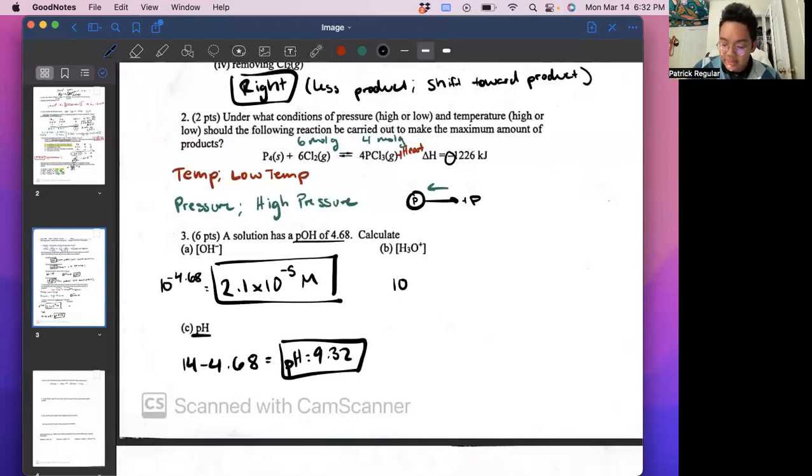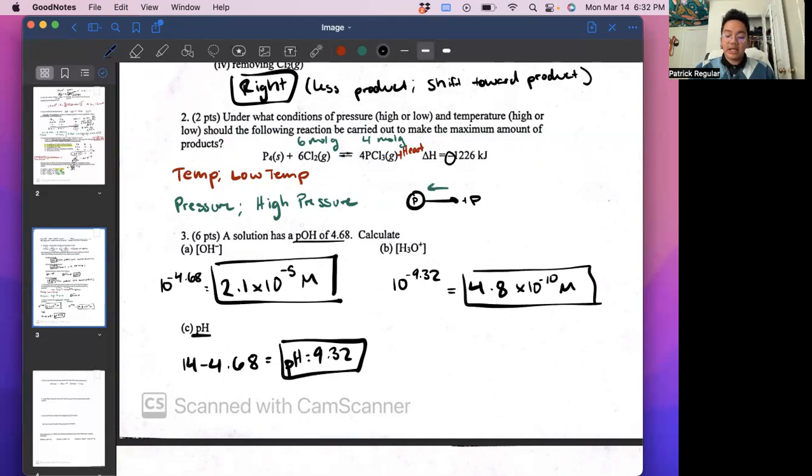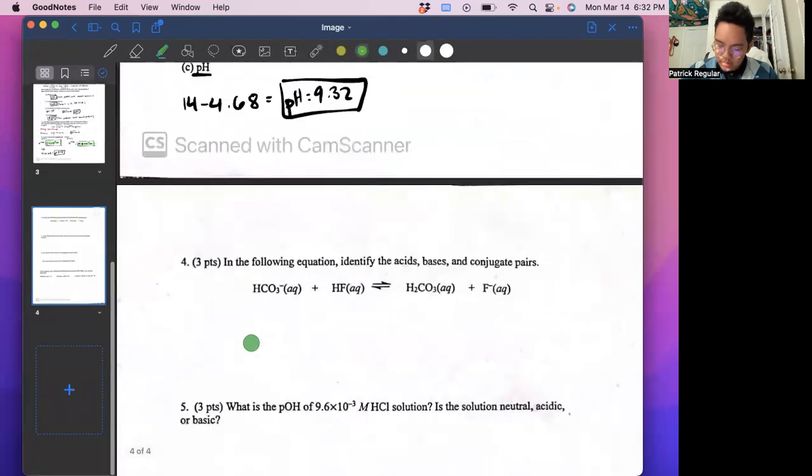We can just do 10 to the negative 9.32. And that would just give us 4.8 times 10 to the negative 10 molarity of H3O+. And to double check, you're welcome to multiply this by that, and it should be 1 times 10 to the negative 14.